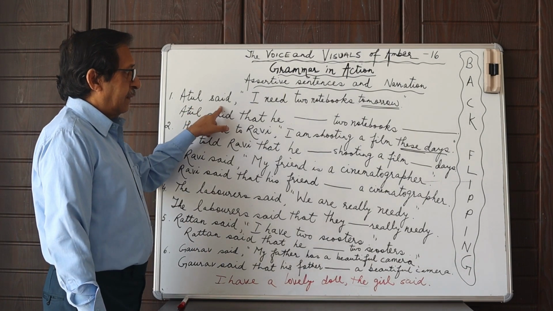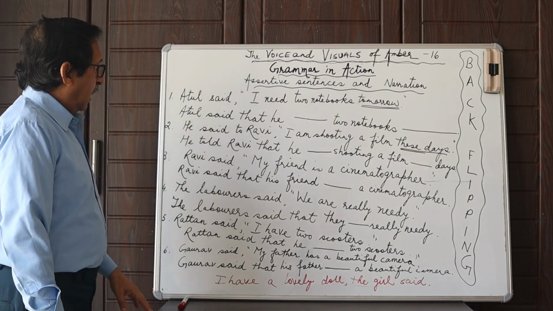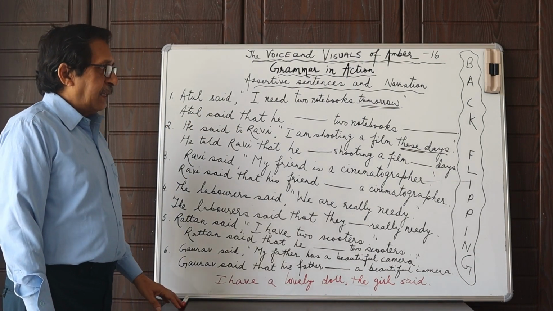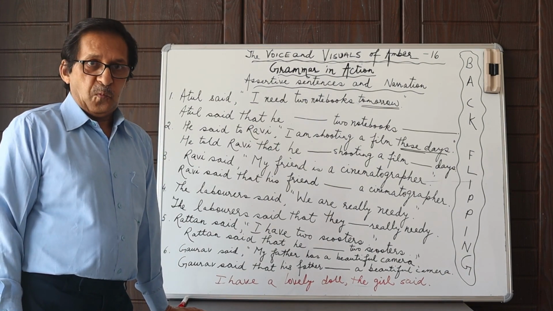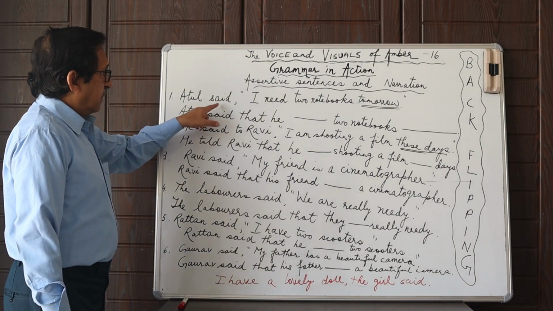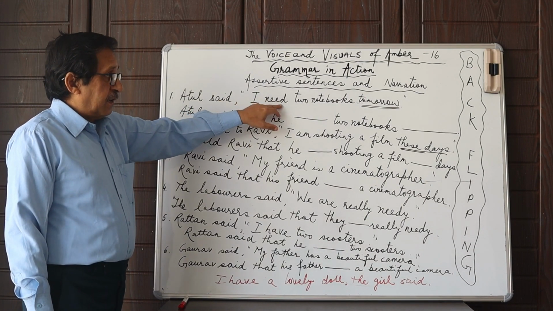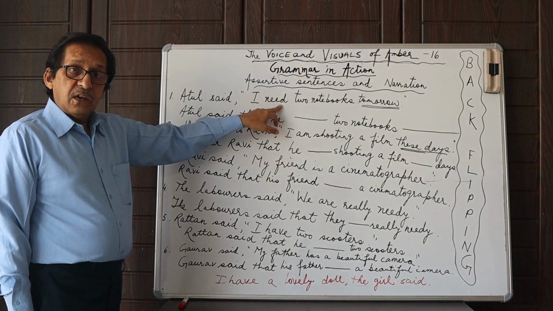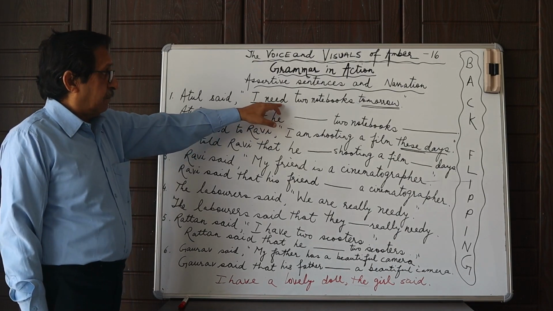So now here again, let us take up the first sentence. Atul said, I need 2 notebooks tomorrow. Now this is the reporting verb, and this is the speech which has to be reported, that is the reported speech.